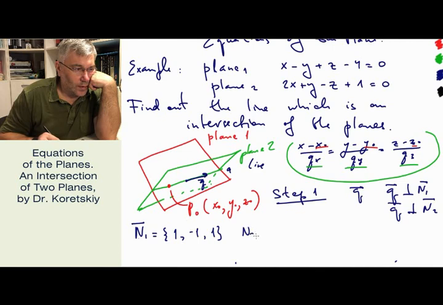And for n2, correspondingly, we have the factors of the second plane's equation: 2, 1, minus 1.